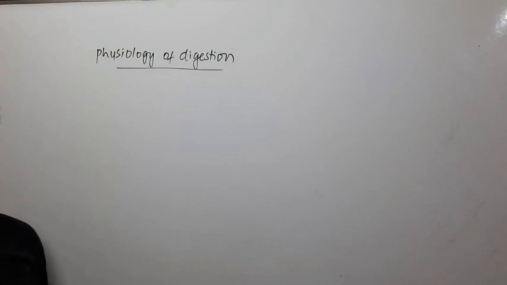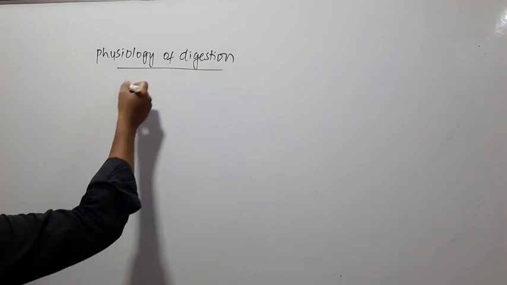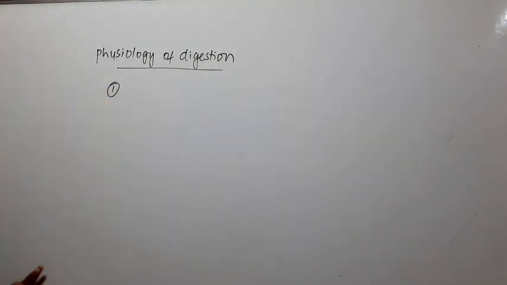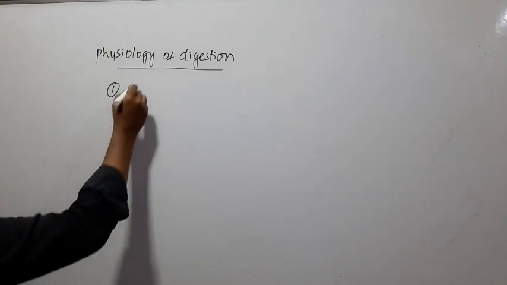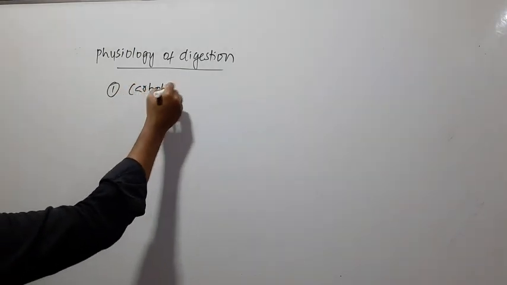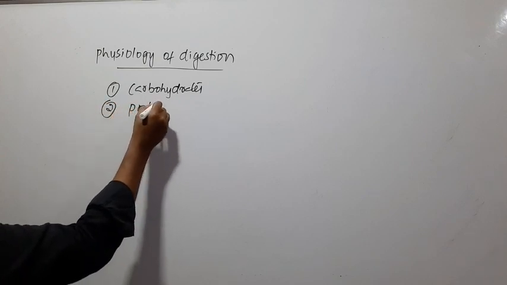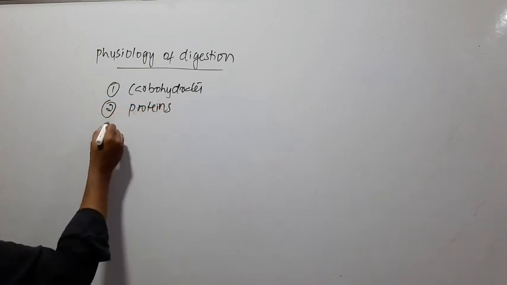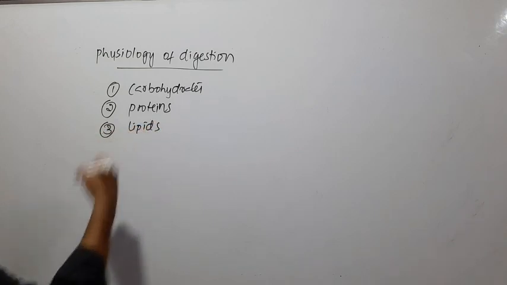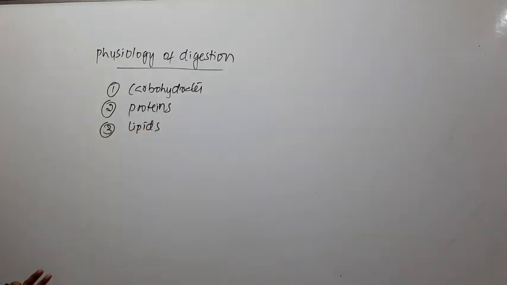We take complex food substances which have to be digested, and then the simpler substances will be absorbed by the blood, which carries them to all the cells in the body. Now the food we take consists of complex food substances: carbohydrates, proteins, and lipids.